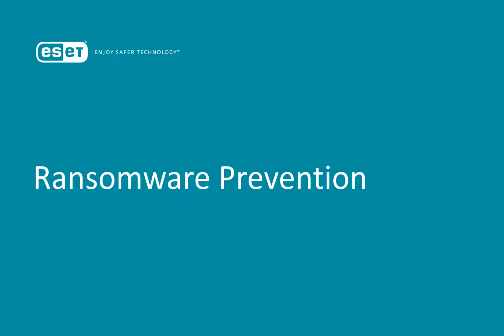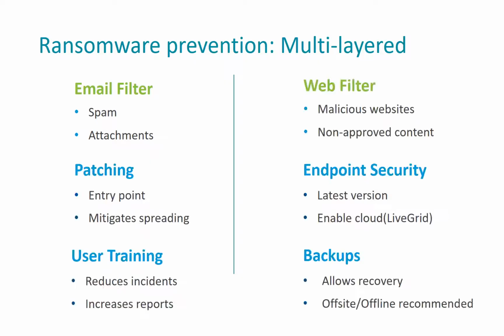On to ransomware prevention. When it comes to ransomware prevention, a multi-layer approach is very important and is made up of a few different categories. First, email filtering. Due to the fact that the majority of ransomware is entering via email attachment, you can provide a first layer of defense by having a solution that properly filters for spam and phishing emails.